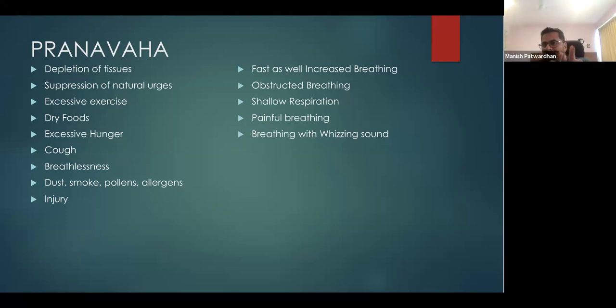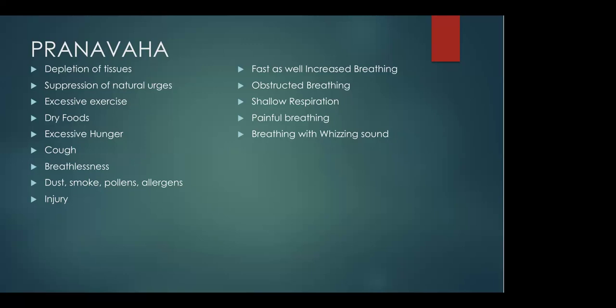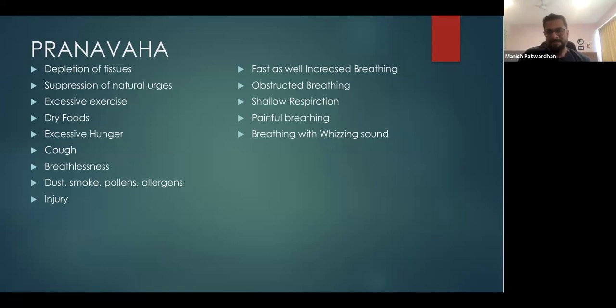How can these vatas function smoothly in the passages? What would be important for the vatas to function without friction? What is required for less friction in the body? Oiliness. Unctuousness. Correct.